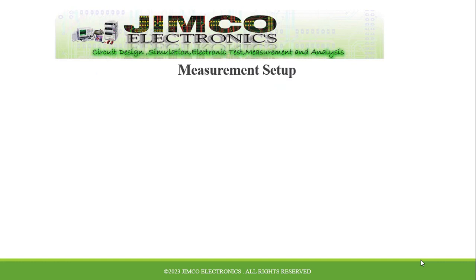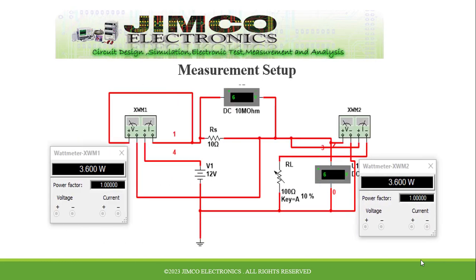We have our measurement setup. We have 2 watt meters and 2 volt meters. Watt meter XWM1 measures the power dissipation in the battery, while the other watt meter, on my right, measures the power dissipation in the load.